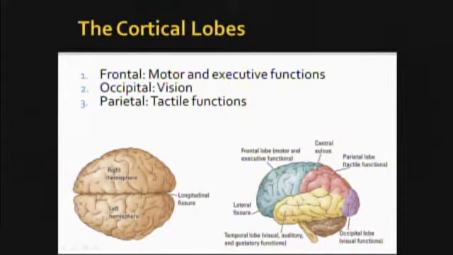Your parietal lobe, which is located dorsal to your frontal lobe, is involved in tactile functions. It's what they say gives you your sense of self. So you see some really wacky things happening when you have damage to your parietal lobe. People, for example, have what's called contralateral neglect.